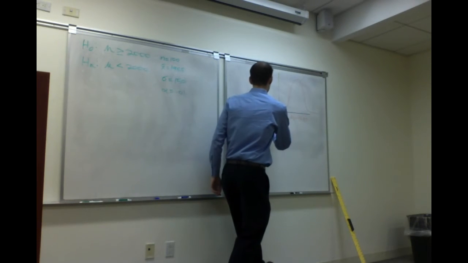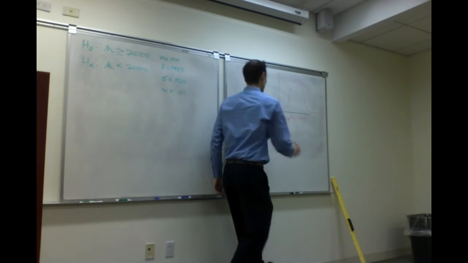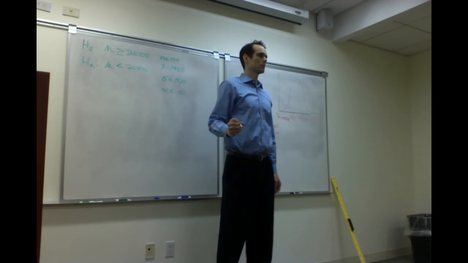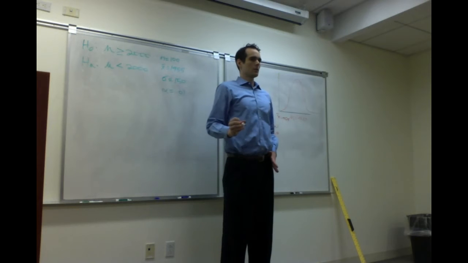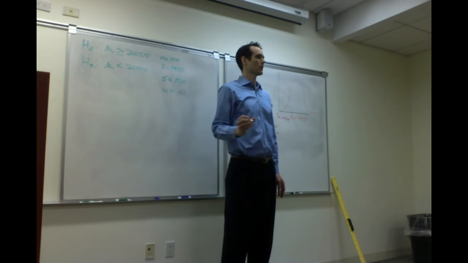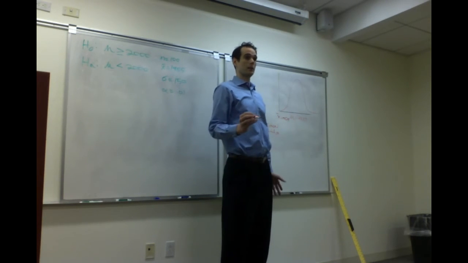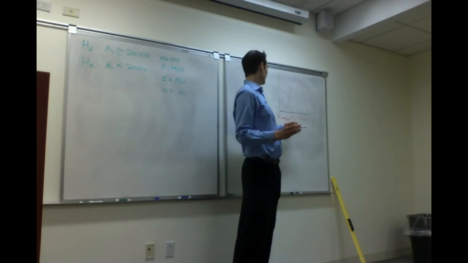So let's see, critical value. What did we come up with in terms of critical values? First of all, is it a positive or a negative z value? Negative. All right, so it's going to be a negative z value.